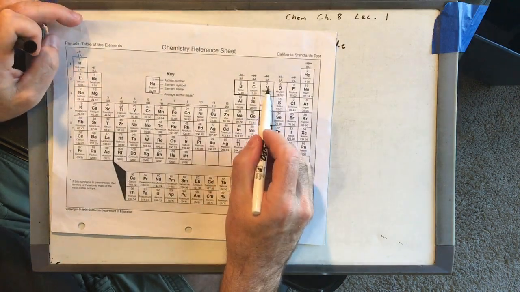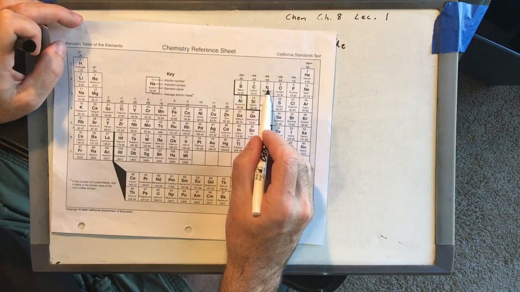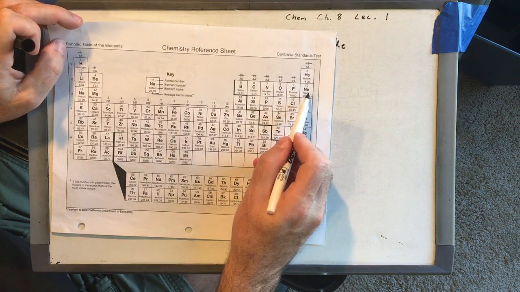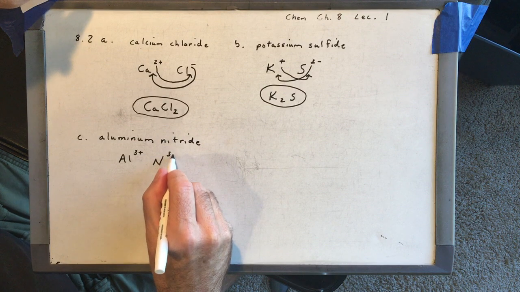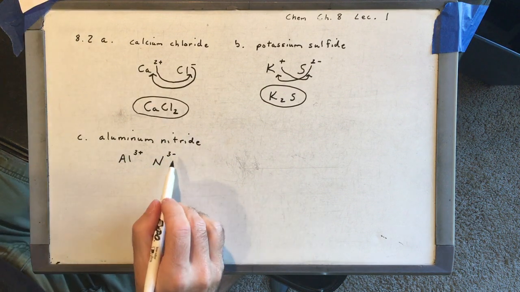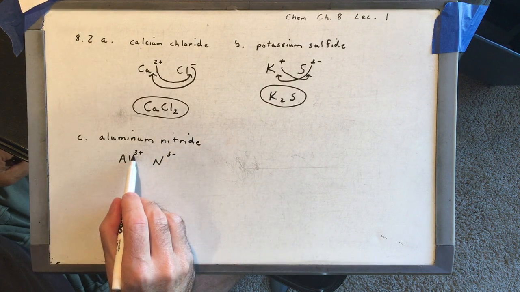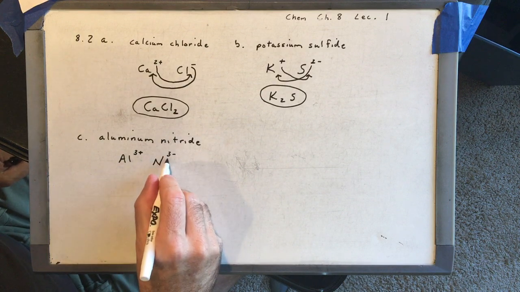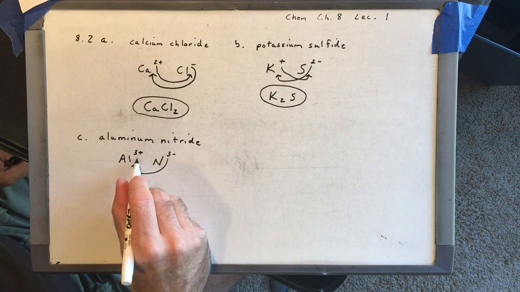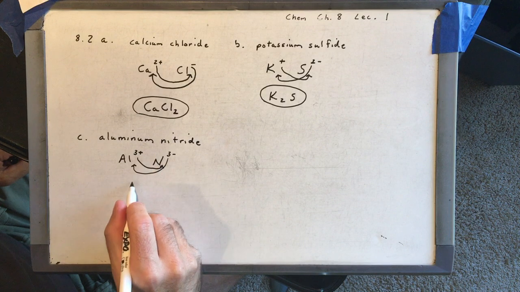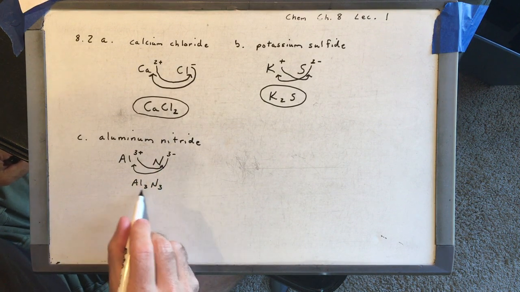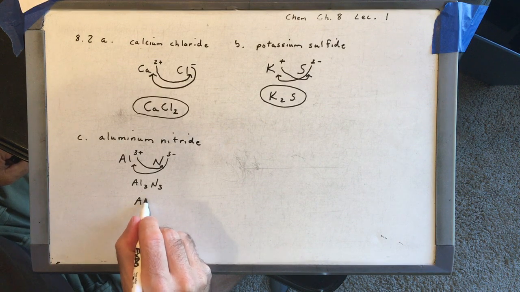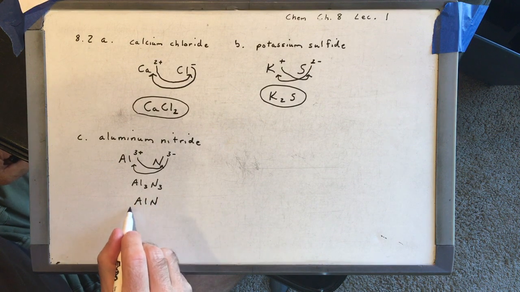Nitrogen is in column 5. It wants to gain electrons. It's a nonmetal, so it wants to go 1, 2, 3, to get to neon. If it gains 3, it would have a 3- charge. If we did the big switcheroo, we would have Al3N3, but when the charges are the same, you get to drop the subscripts, so it's just AlN.